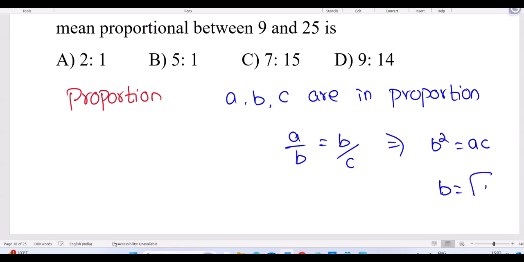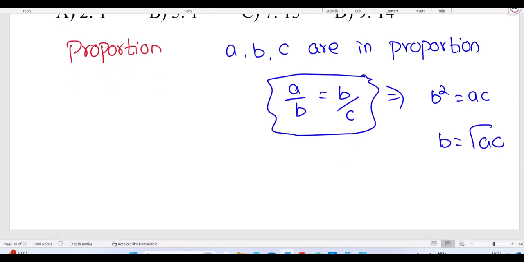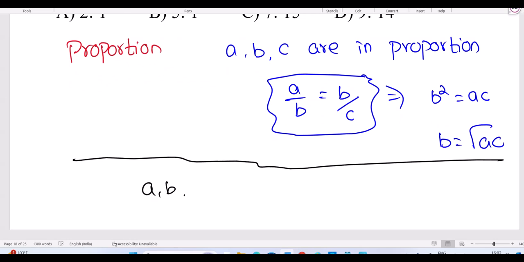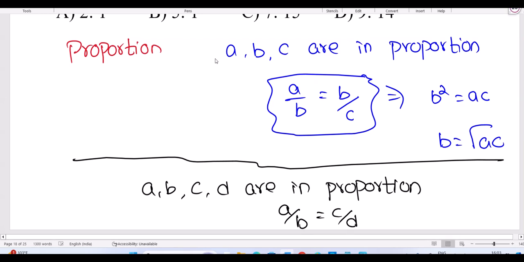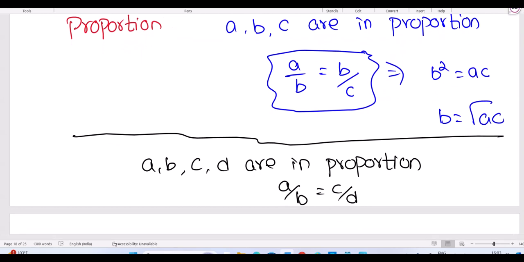All those will come, but this is the important one: A by B must be equal to B by C. If A, B, C and D are in proportion, then A by B must be equal to C by D. B by C also exists. That is also there. A by B equals B by C equals C by D. Or generally we use A by B equals C by D.